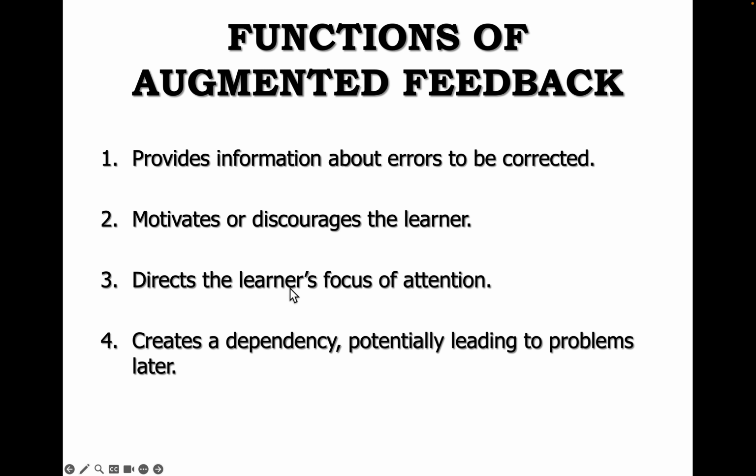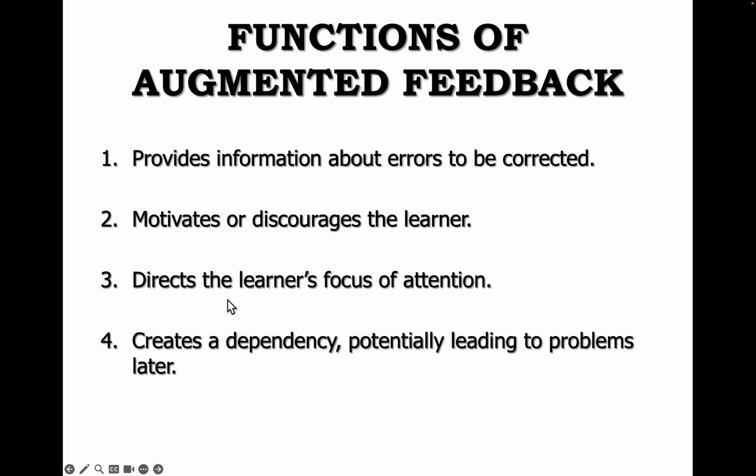So here are four main parts of augmented feedback, and functions of this feedback. What is it supposed to do? First, augmented feedback should provide information about the errors that we are trying to correct. Number two, augmented feedback should either motivate the learner to do something or discourage the learner from doing a particular movement or task that will be detrimental.